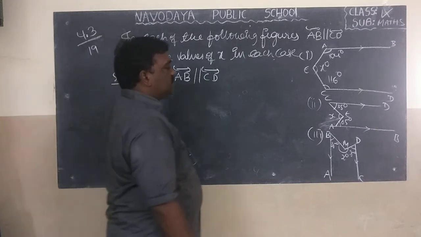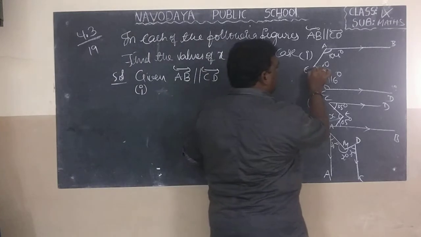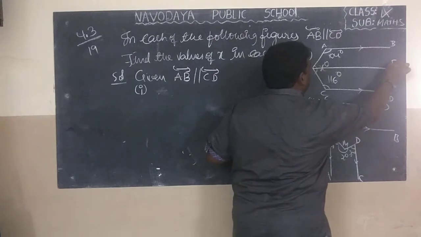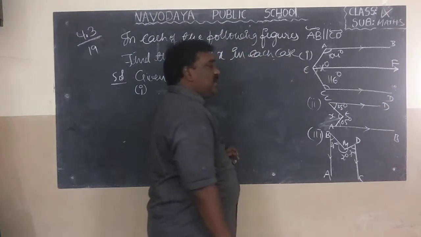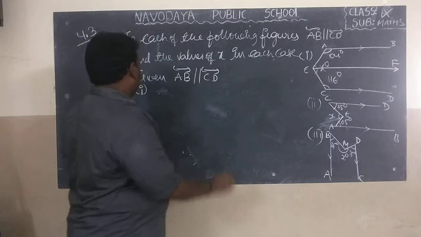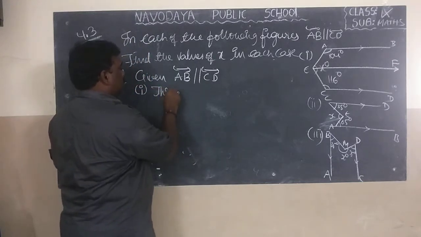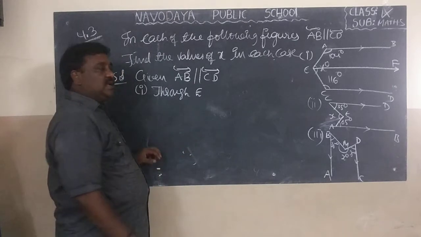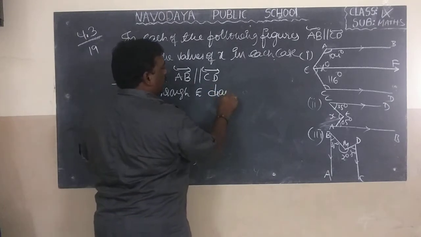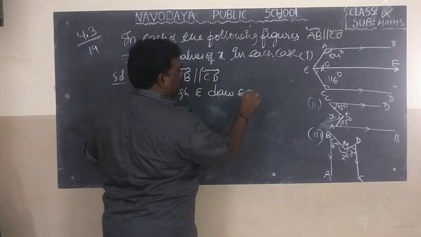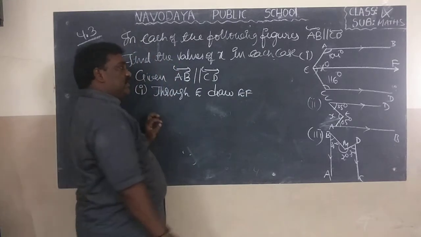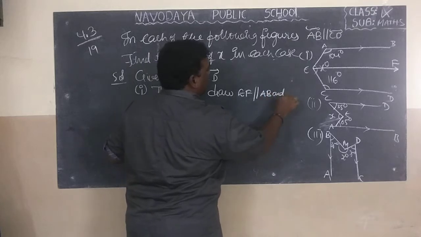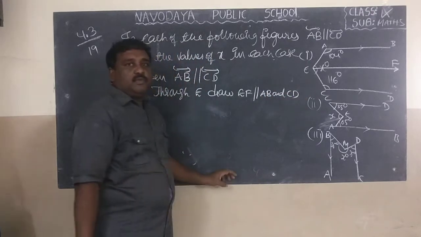To find out x value, through E, draw a line EF parallel to AB and CD. So construction: through E, draw EF. It is parallel to AB and CD also.